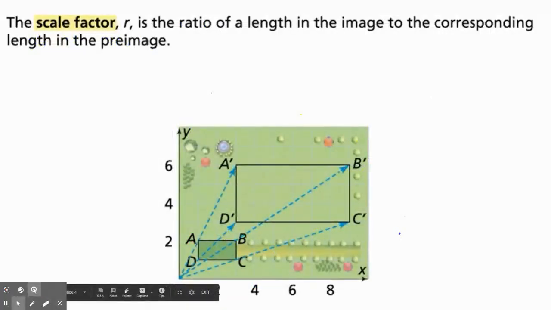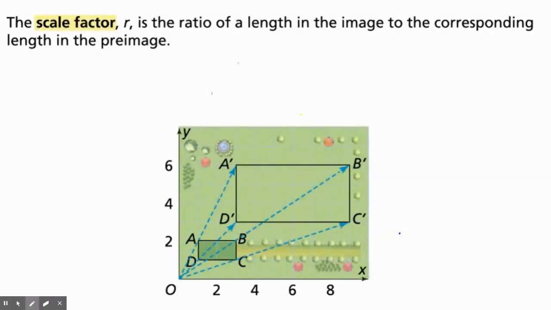Okay, so we've already talked about the scale factor. It's the ratio of a length of an image to the corresponding length in the pre-image. So it's a ratio. So we've got something compared to something.